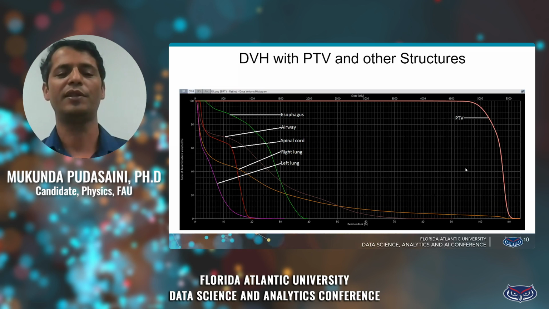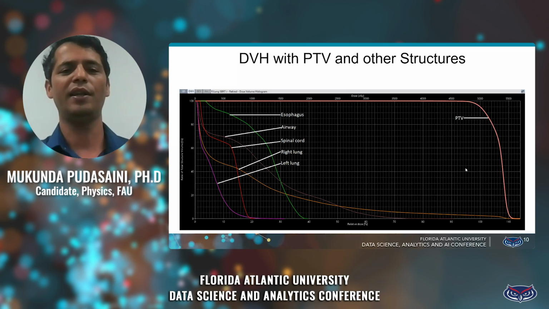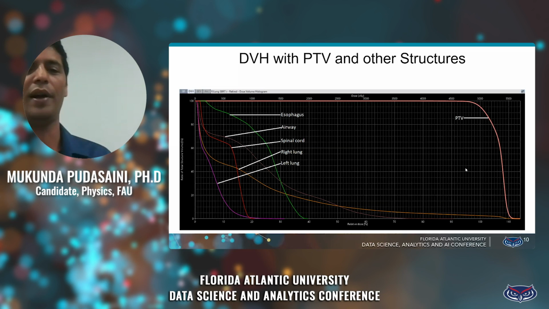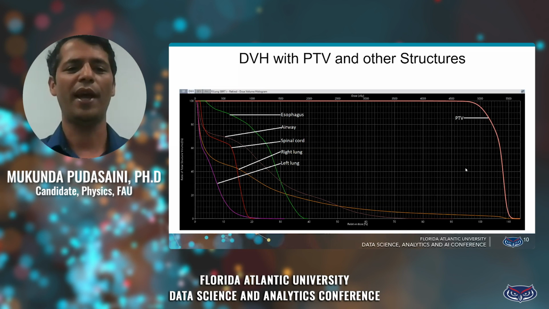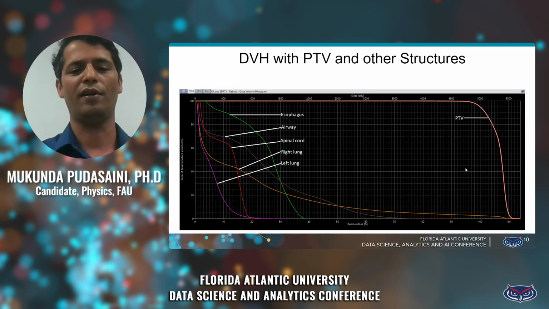That's the purpose of the treatment actually. And the other structures with lower doses on the left side, those curves are the normal organs receiving some dose. The green is esophagus, the brown is airway, red is spinal cord, the orange is the right lung, and the pink one is the left lung.